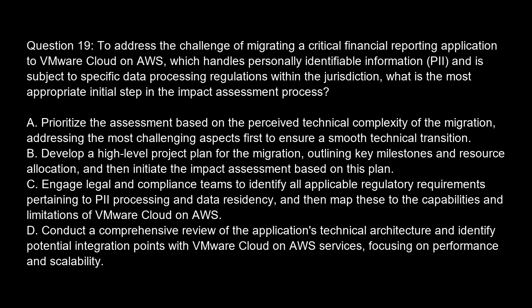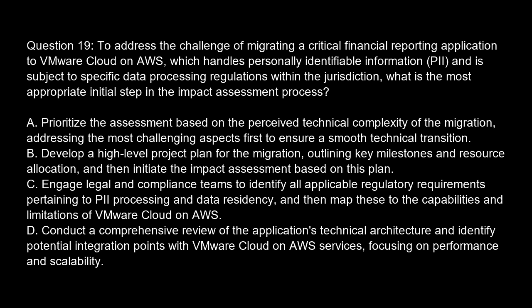Option A. Prioritize the assessment based on the perceived technical complexity of the migration, addressing the most challenging aspects first to ensure a smooth technical transition. Option B. Develop a high-level project plan for the migration, outlining key milestones and resource allocation, and then initiate the impact assessment based on this plan.